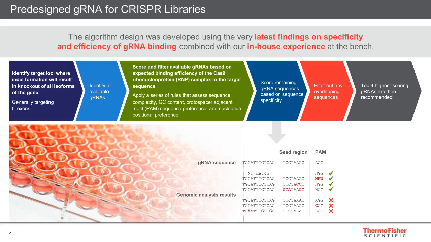We identified all those CRISPRs, and then these CRISPRs were filtered and scored through several different criteria, which involve their GC content, presence of a protospacer adjacent motif or PAM, which is usually an NGG sequence, then sequence preference, nucleotide positioning, and several other criteria, plus a lot of bench experience that we have generated went into making the scoring criteria that were used to make this database.